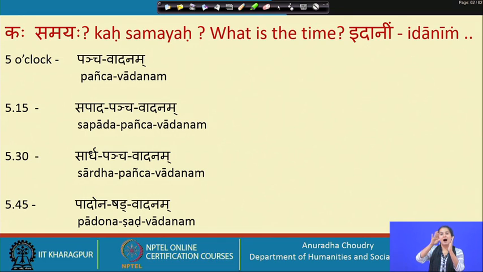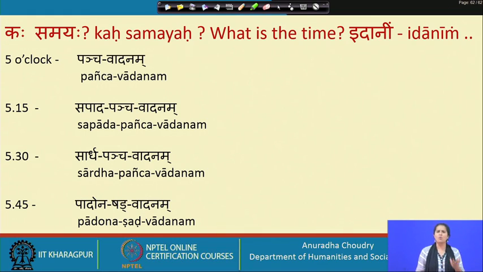So, pada means a quarter, una means less. So, we become pada una. When you put the words together, it becomes padona shad vadanam. So, 5:45 is quarter less than 6 o'clock, and therefore padona shad vadanam.